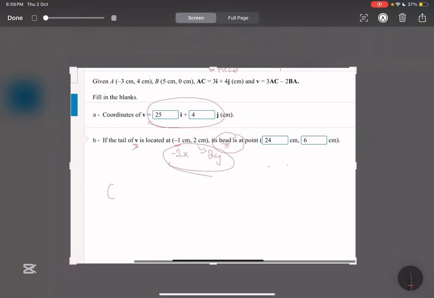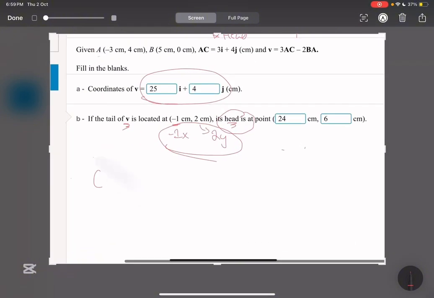So we're going to do vector is equal to final minus initial. So the points of the vector which we got, 25 and 4, is equal to the final, which is the head, which we don't know, so x and y, minus the initial, which is the tail, which is -1 and 2.